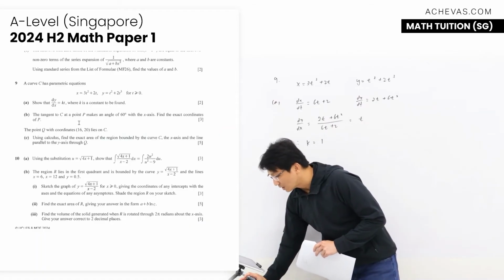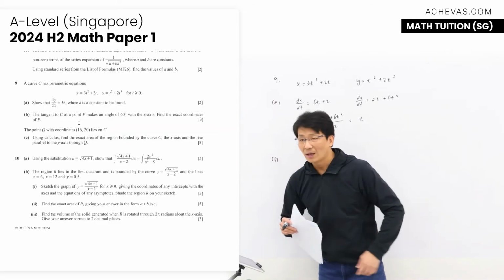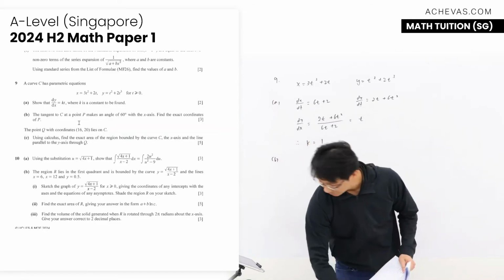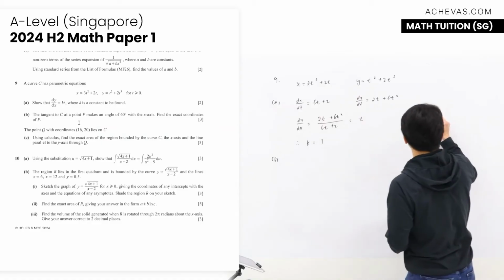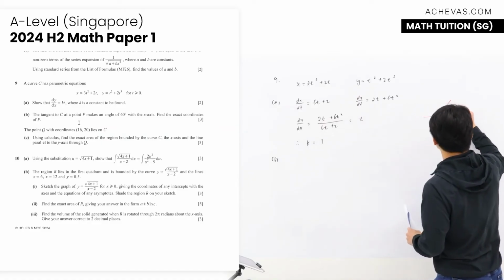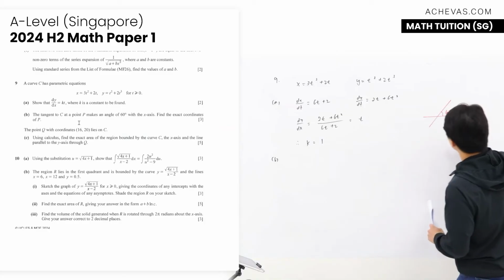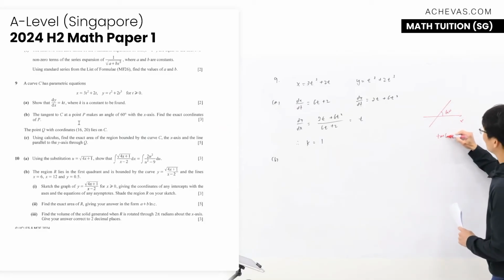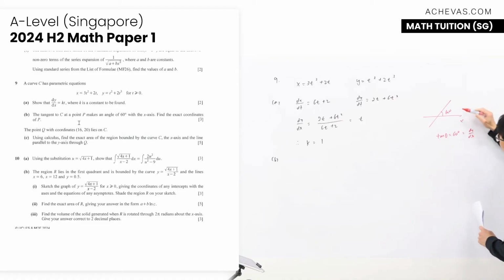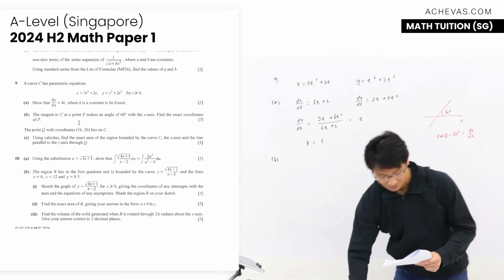Find the x-coordinate of P. If the tangent makes 60 degrees with the x-axis, it actually means that tan 60 degrees is the same as my gradient dy/dx, because gradient is rise over run, which is the same as dy/dx, which happens to be opposite over adjacent. Therefore tan theta, with theta equal to 60 degrees, is equal to dy/dx.